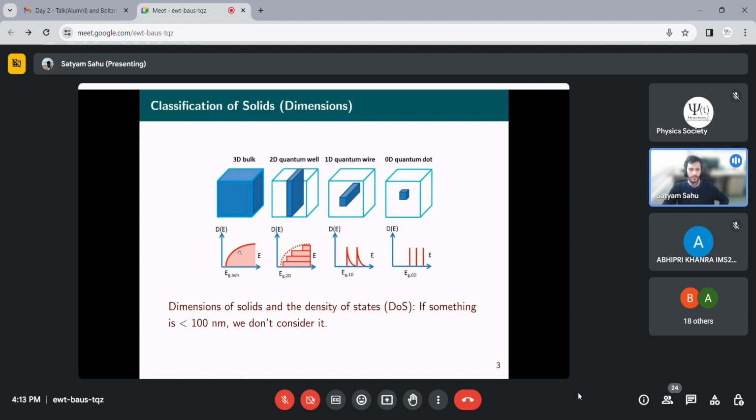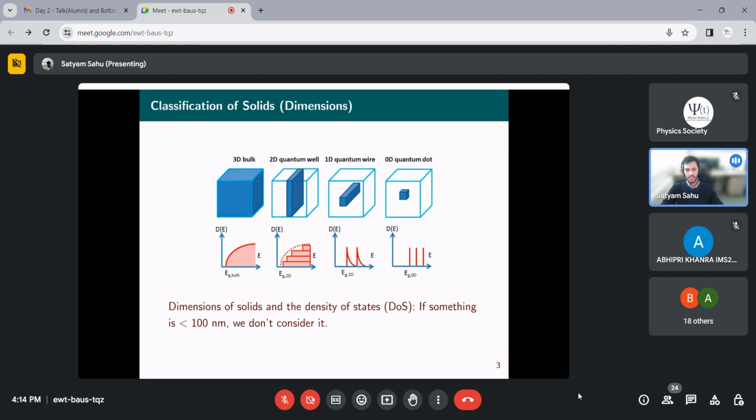Then if you reduce one of the dimensions to less than 100 nanometers, you make it two dimensions. And as you can see here, the density of states have already started to become discrete. I should tell you that density of states is related to the availability of bands in which the electrons can go. I won't be going into much detail. You will be studying these things during your condensed matter course.